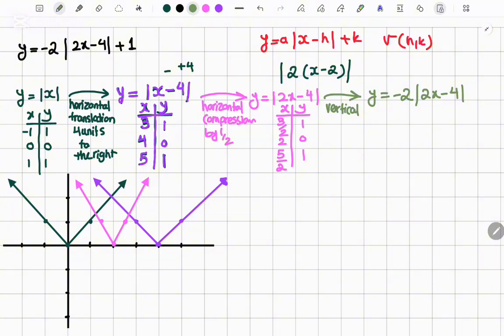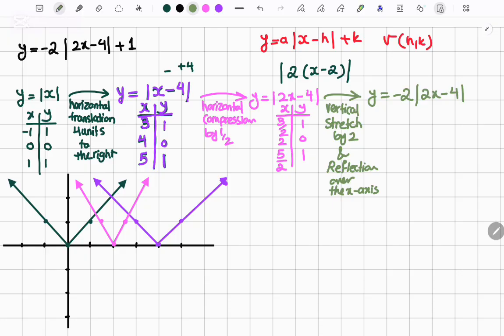So what's going to happen if you multiply my height by 2? I'm going to get vertically stretched. So it's going to be a vertical stretch by 2, and also there is a minus getting multiplied by it, so we're going to have a reflection over the x-axis.